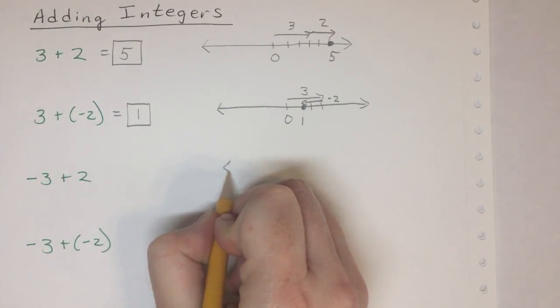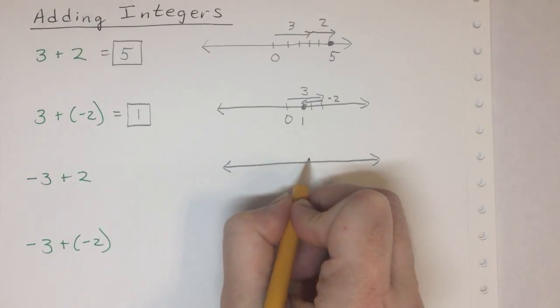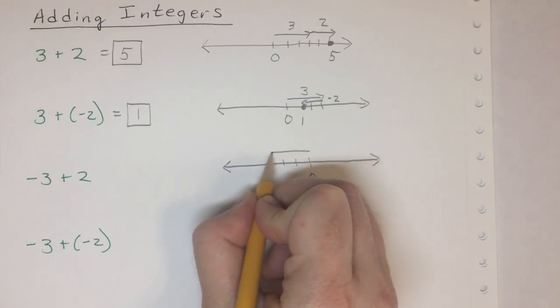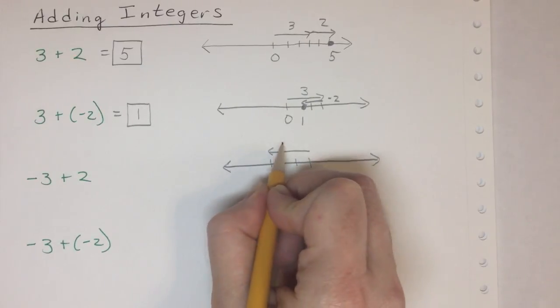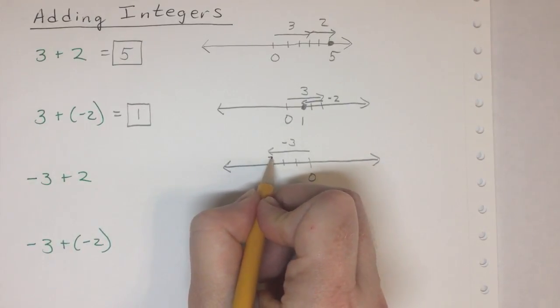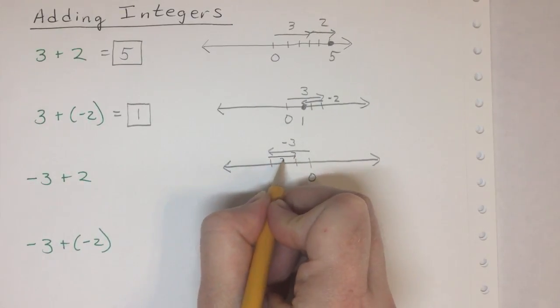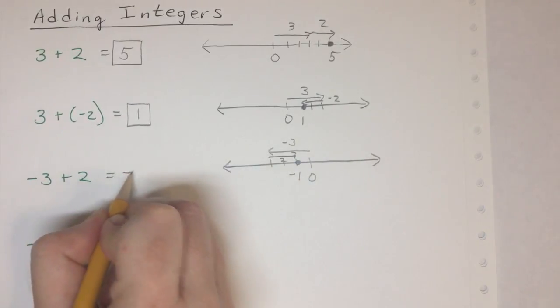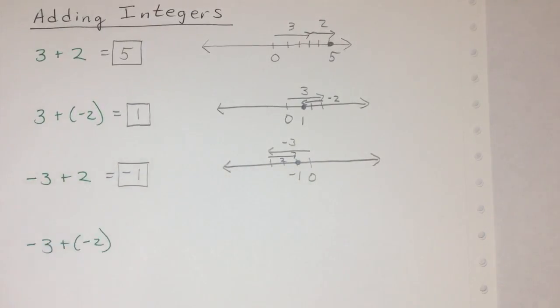Negative 3 plus 2. Well, I'm going to go 3 to the left. There's my negative 3. Then a positive 2 from where I am, I'm going to go 2 to the right. I end at negative 1. Negative 3 plus 2 is negative 1.